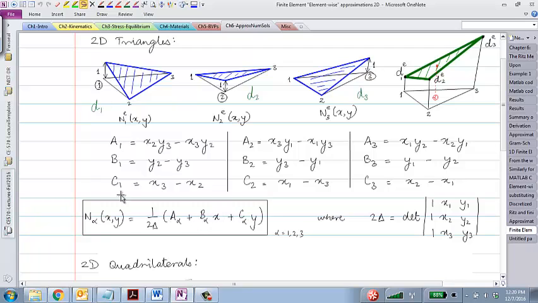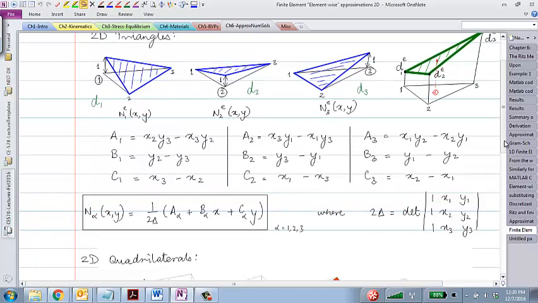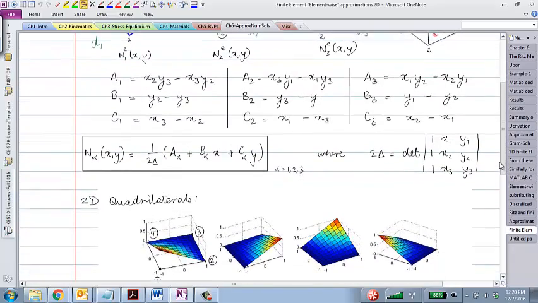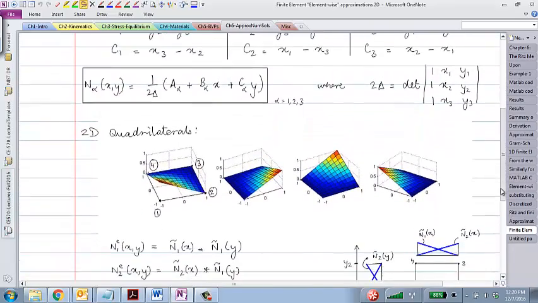To find those three unknown coefficients, all we do is enforce the conditions that the function has to go to 1 at this point and 0 at the other two nodes, and that gives me a nice expression for the shape function associated with N alpha. Alpha could be 1, 2, or 3. So I won't go into the detailed derivation of this. I'm sure you'll see that later on in finite elements.